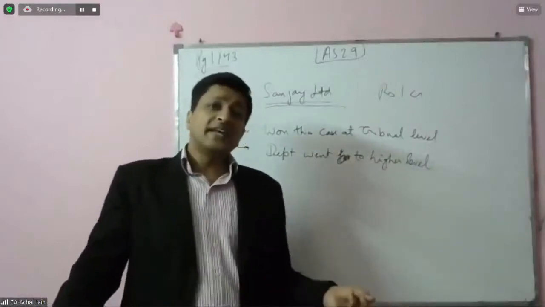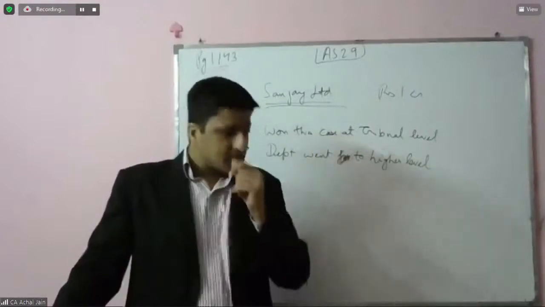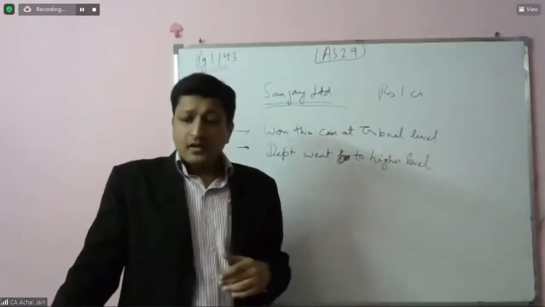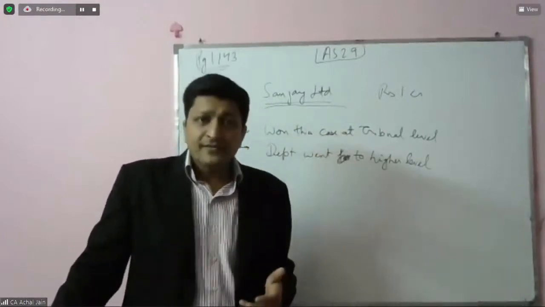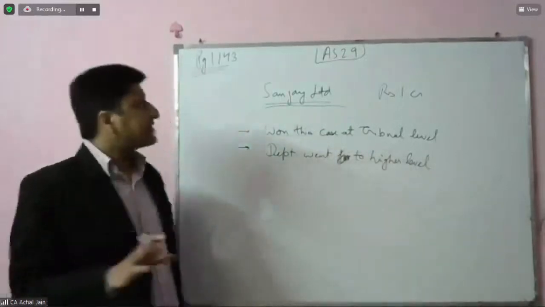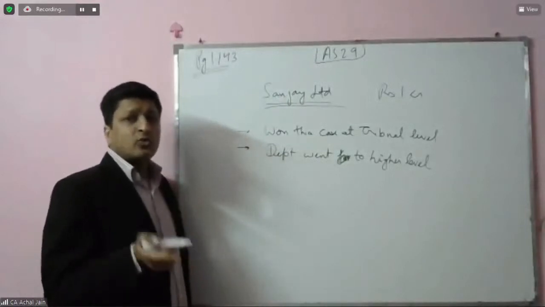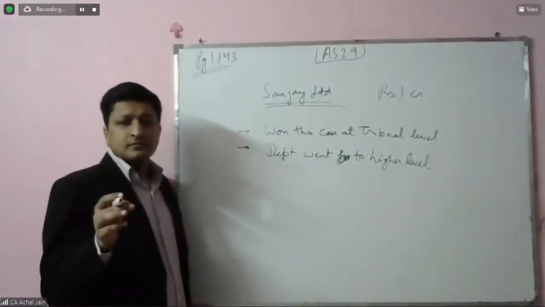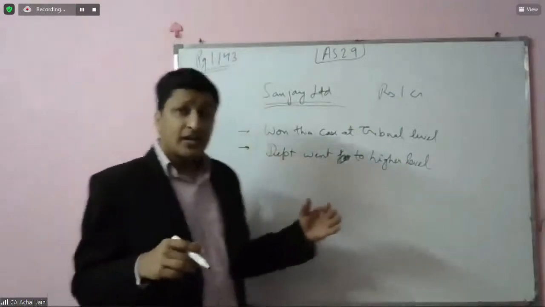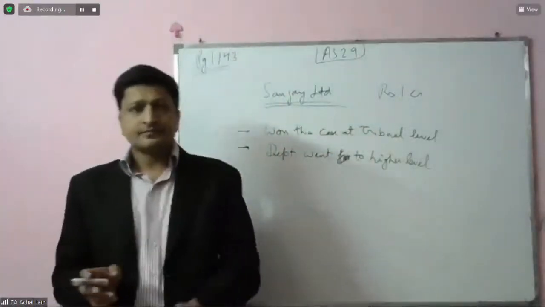But because the company has won the case at a lower level in the past, the company would now believe at least this to be 50-50. In which case this will change into a contingent asset. Or you can say this will therefore become a situation of a contingent asset.